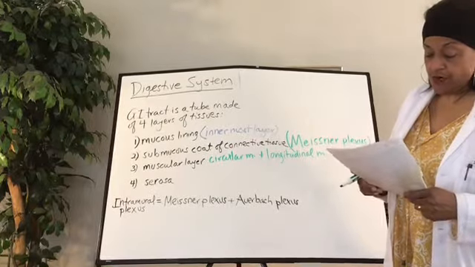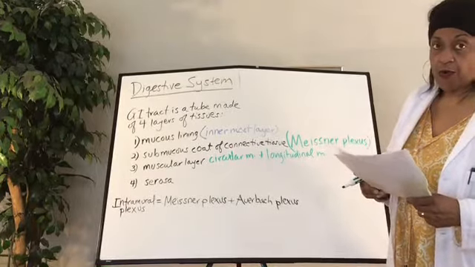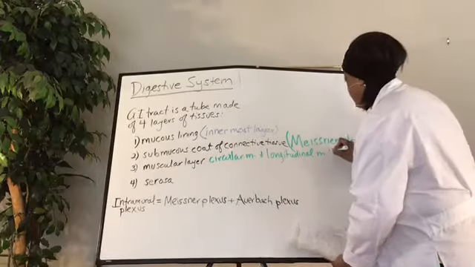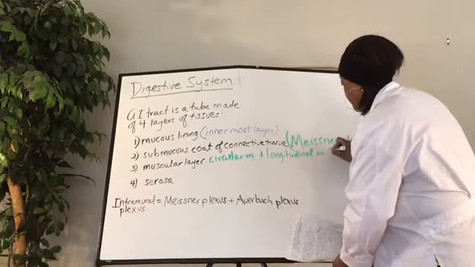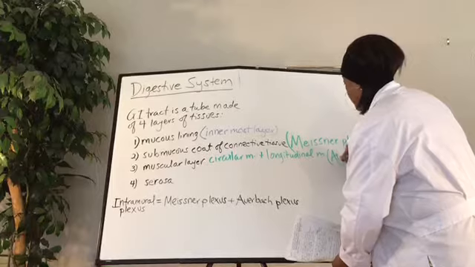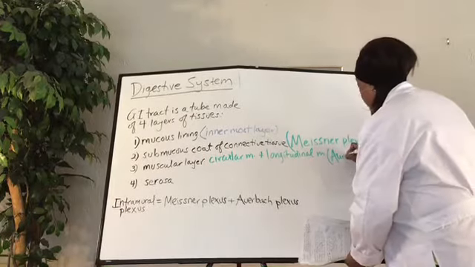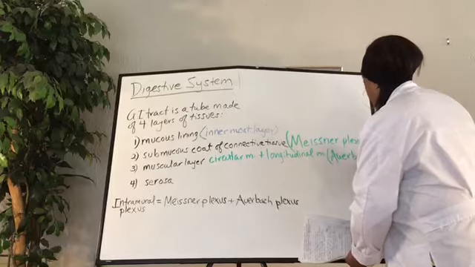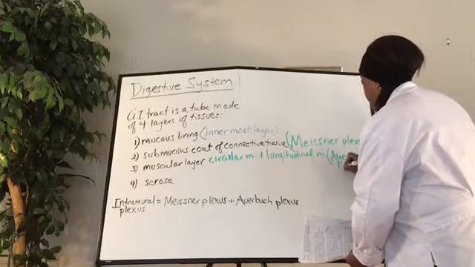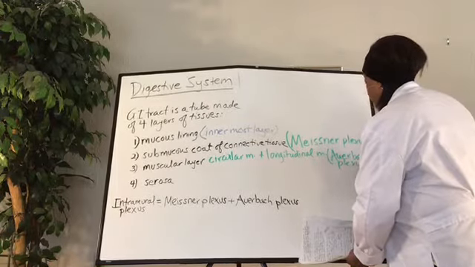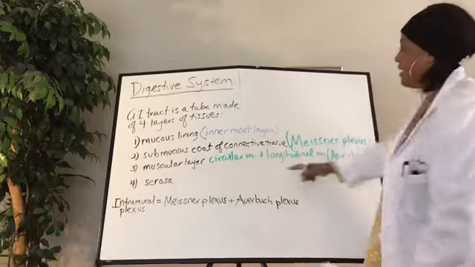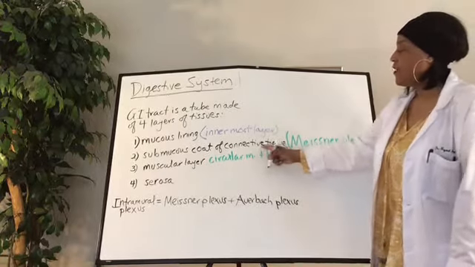The other thing along with this muscle layer, which is important for you to know, is that there's another nerve plexus in it, and it's called Auerbach plexus. So that would be here. Auerbach plexus is in the muscular layer.